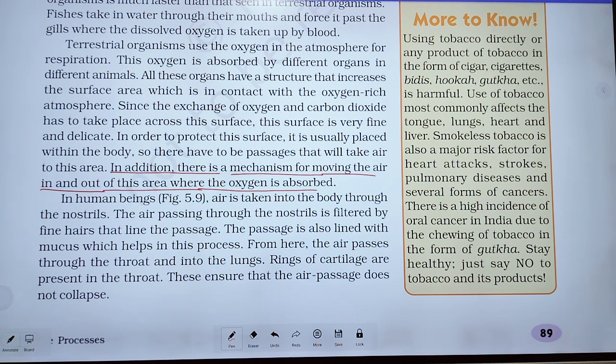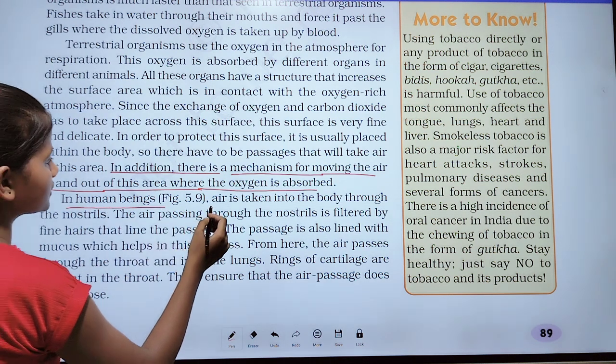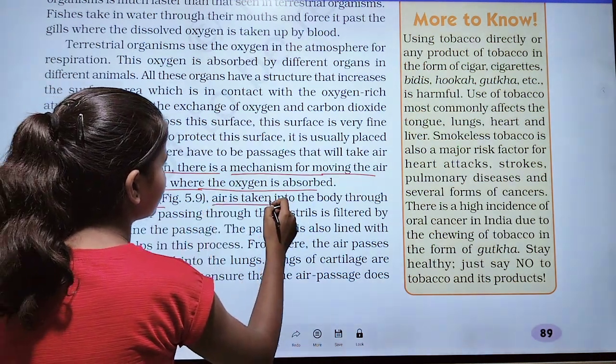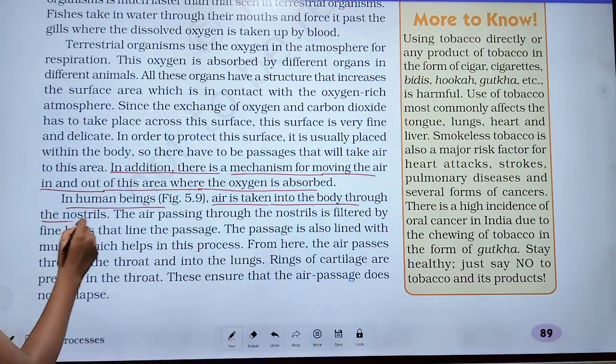In human beings, air is taken into the body through the nostrils.